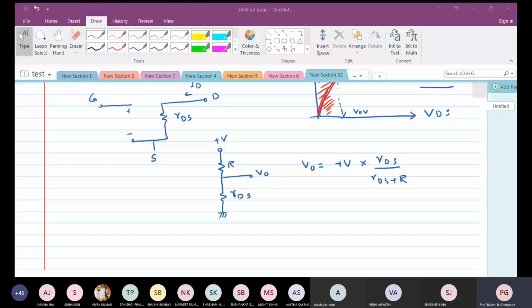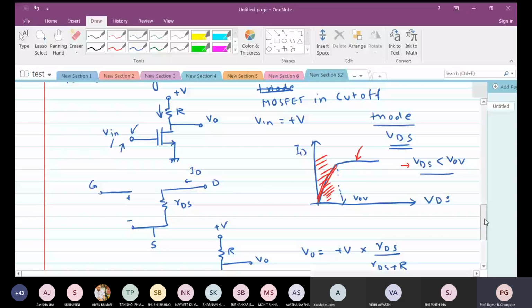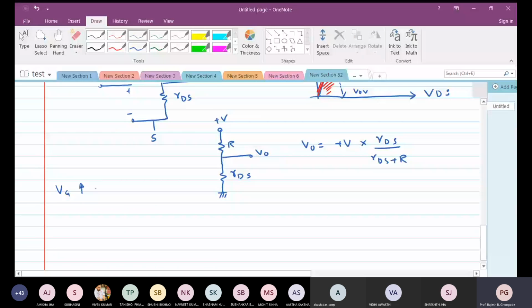Now, ideally speaking, when Vin is high, or when gate voltage Vg is made high, the device turns on, and when the device turns on, RDS will come over here.